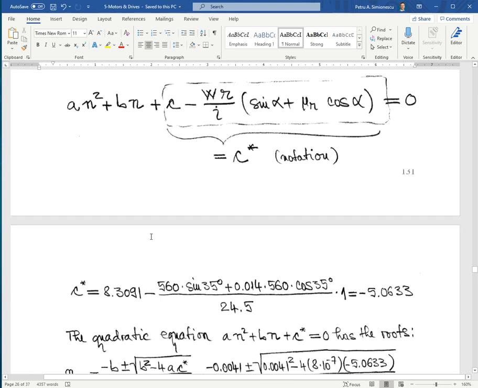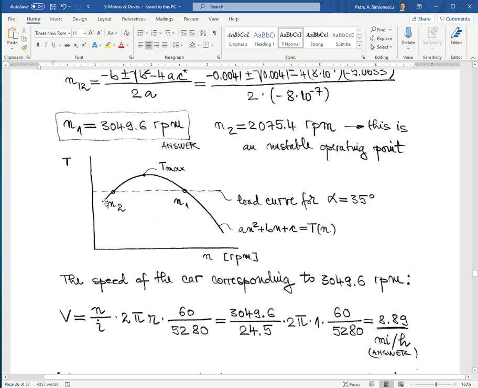The one that corresponds to, I'm listing here, so this is the torque speed curve, and this is the load curve, which is not a function of RPM, and there are two intersecting points. This will be the answer. This other intersection corresponds to the unstable branch of the torque speed curve. If I'm here, any slight increase in resistance will lead to losing speed and stalling the motor.